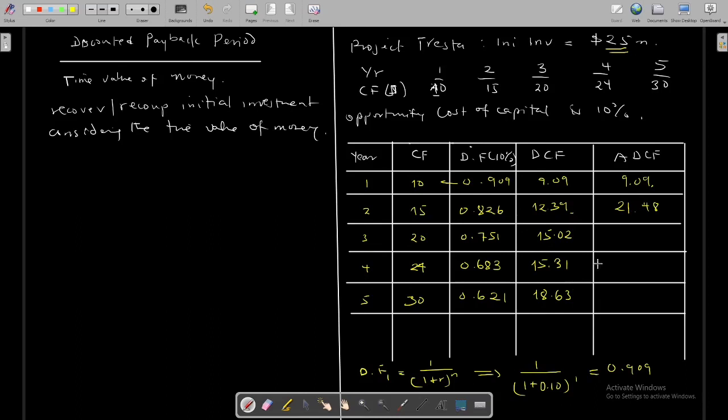Now we need to have 25 million, but the amount here is 15.02. So in order to reach 25, we need roughly 3 point something.